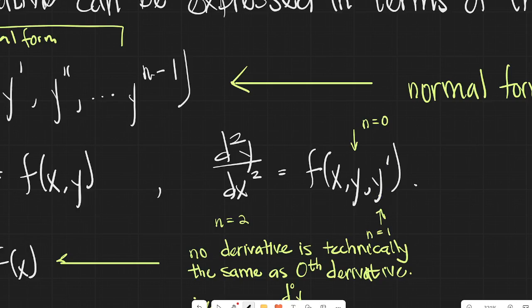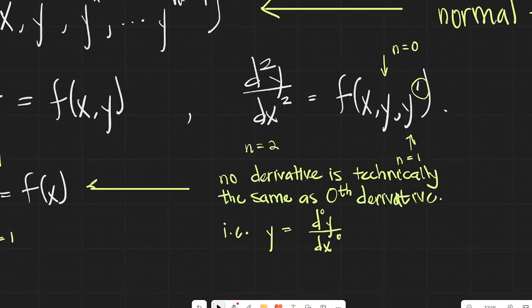And then remember I said the highest order term, the highest order derivative, can be defined by this normal form using the remaining n minus 1. In this case, n is 2, n minus 1 is this right here. So we have n minus 1 variables here, n minus 1 derivatives.